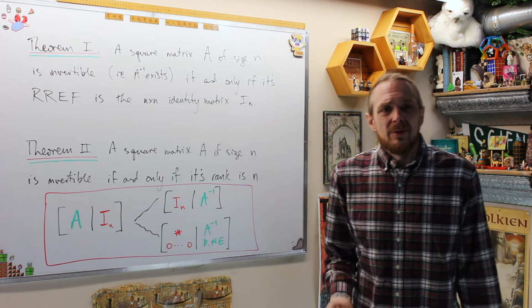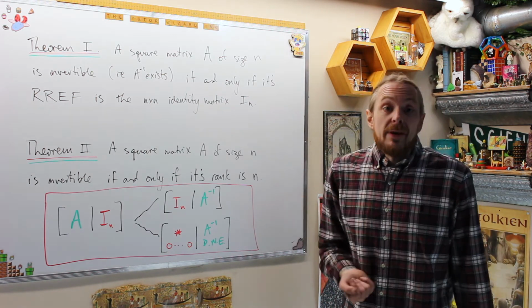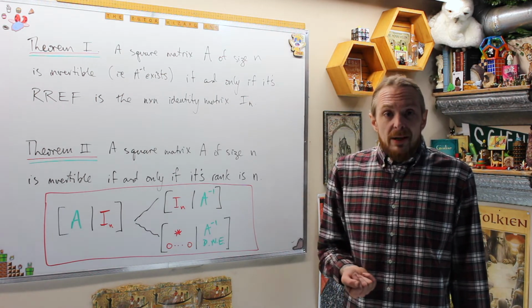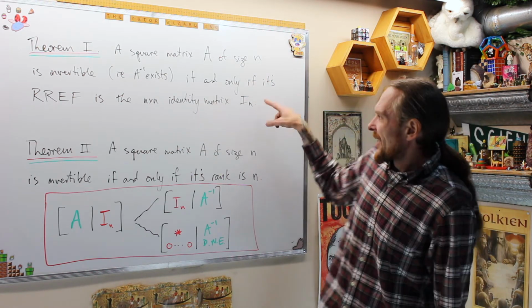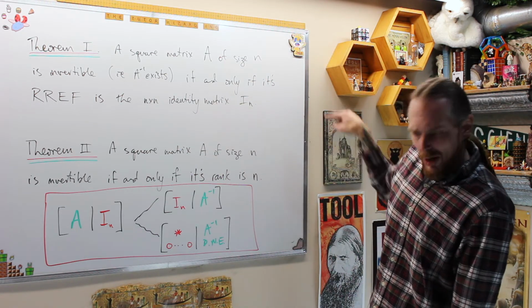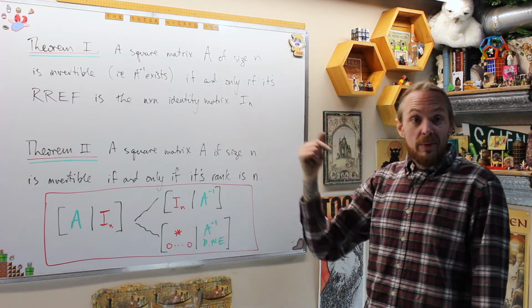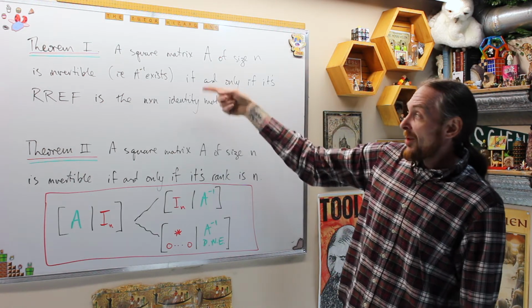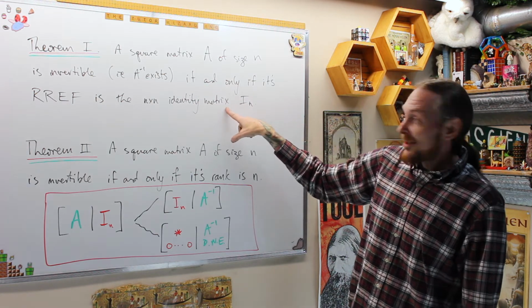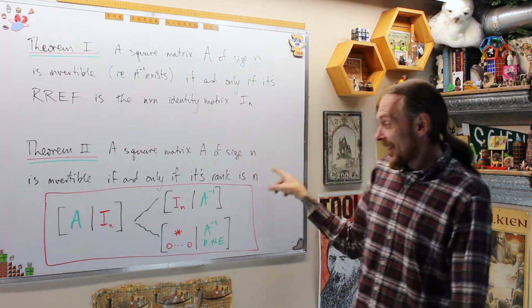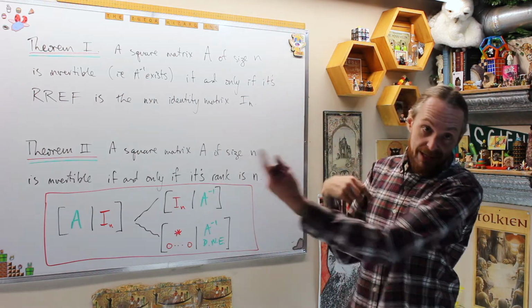Remember, the rank is the number of leading entries, or the number of non-zero rows in row echelon form. And that's going to be the same thing. If you get the identity matrix, you'll have n leading ones on the diagonals and zeros everywhere else, and therefore the rank will be n. So if you're invertible, then the identity matrix is your RREF, and then that means that your rank will be n, and you can prove vice versa.